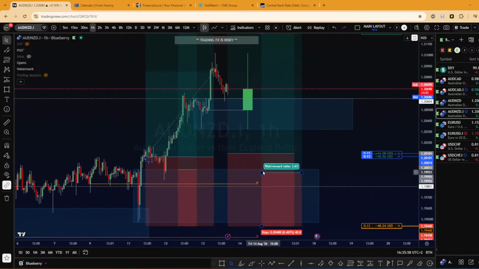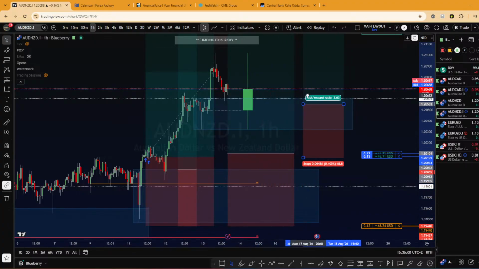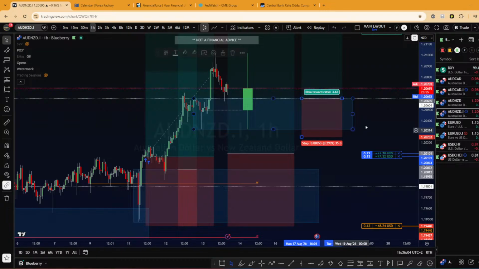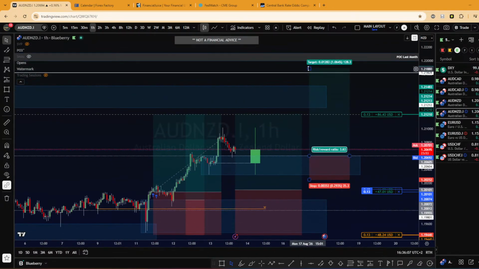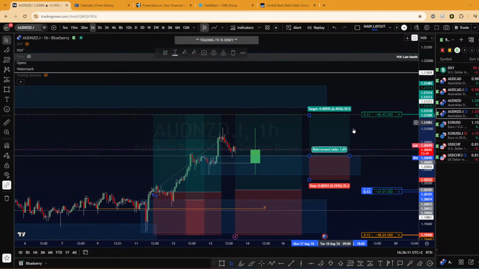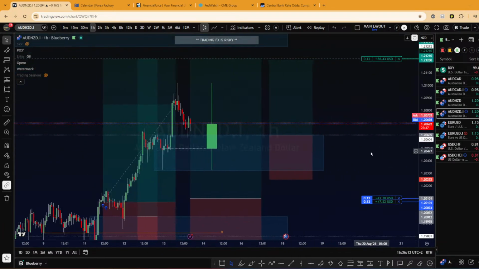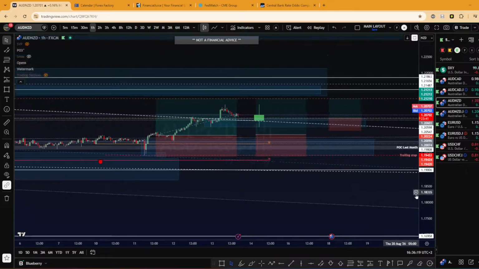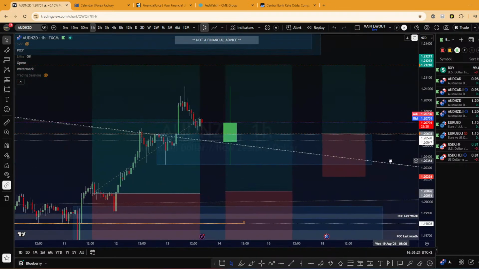We could potentially have the entry here, stop just below. Yeah, something like that. Seems like we already retested. Nope. We will see.